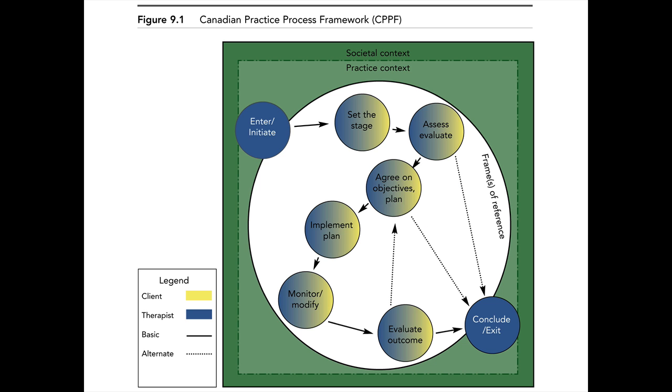So this is the CPPF, and it has the 8 stages. Some of the key things which the book chapter talks about is recognising that the shading in the smaller circles within the white part of the diagram are both blue and yellow, and that is to represent, on the left you can see there the client and therapist, because this approach to occupational therapy, and this is the client-centered part of it, recognises that what goes on between the therapist and the client is very much a collaboration, and so both of those people, or if the client's more than one person, all of the people involved are involved in all of these processes.